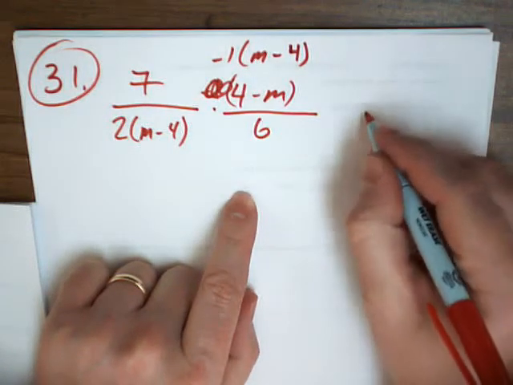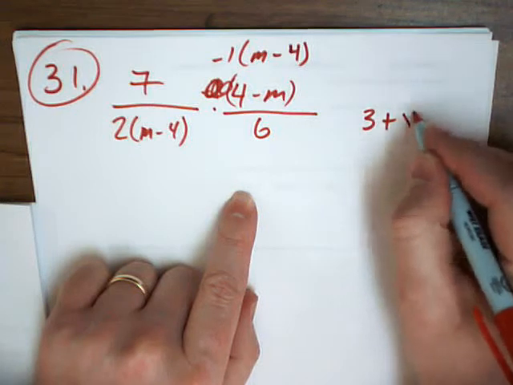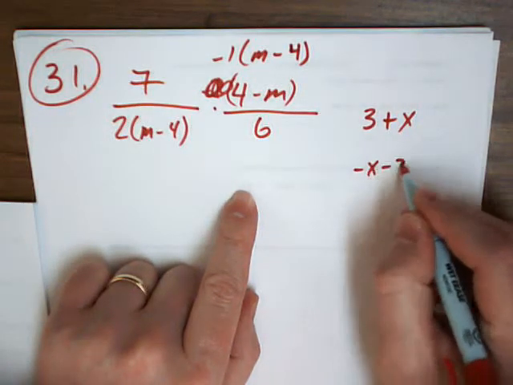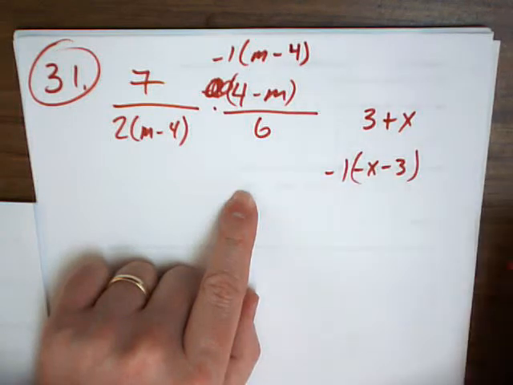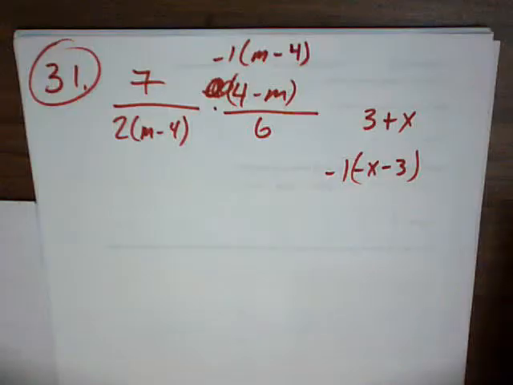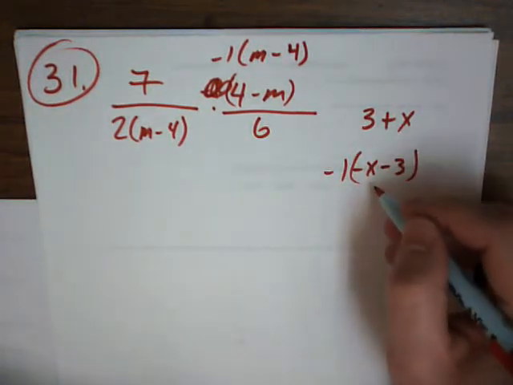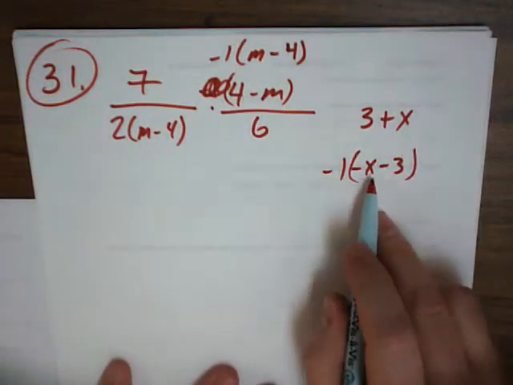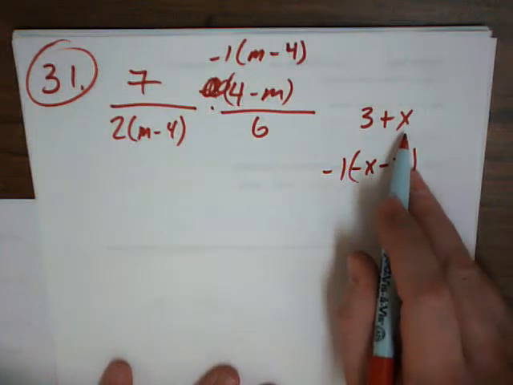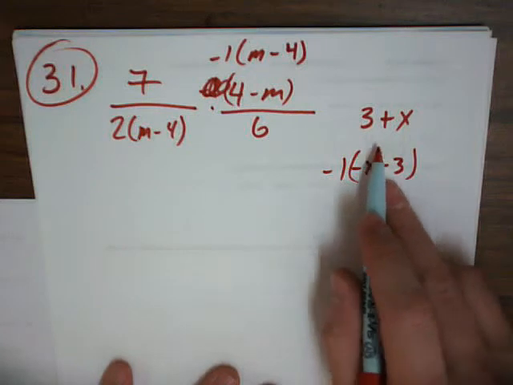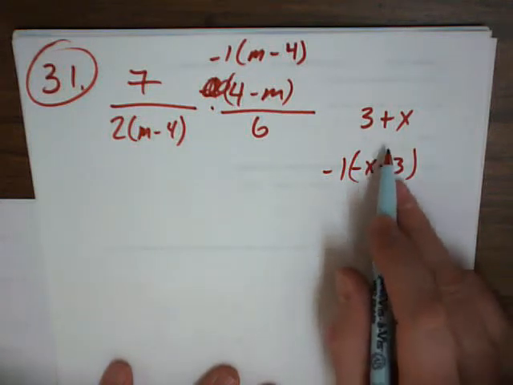So for instance, if I said 3 plus x, I could rewrite that as negative x minus 3 if I distribute a negative 1 in the front of it. These two things are the same because a negative 1 times a negative x is a positive x, and a negative 1 times a negative 3 is a positive 3. And I wrote them in different order.